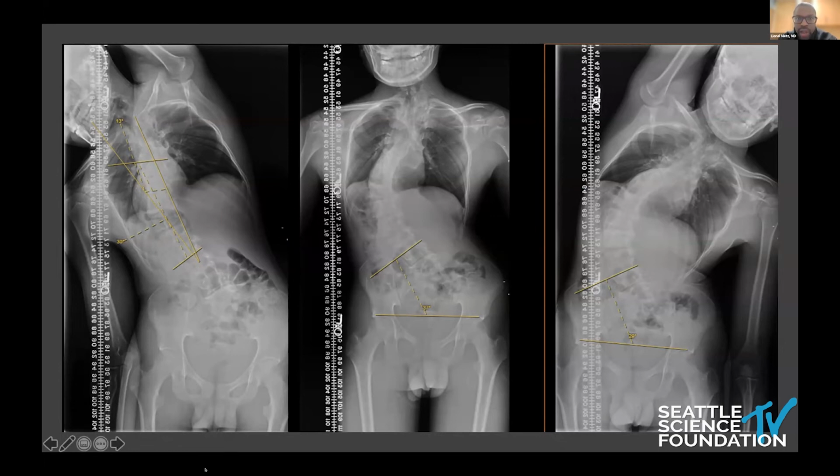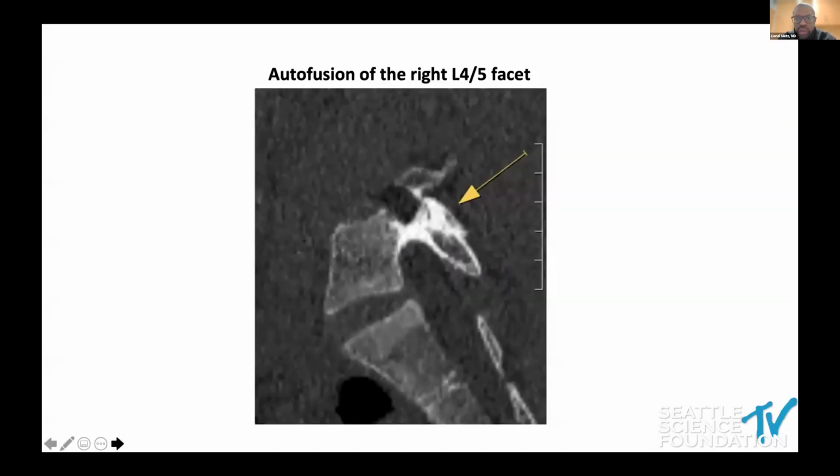Above that, the upper thoracic spine is all kind of a congenital jumble. You can see the rib anomalies and whatnot, and then he has congenital fusions throughout his cervical spine as well. So one consideration, in terms of which curve to address and how long of a fusion to perform, was that we wanted to leave him with some mobile segments in his spine. And so that was kind of what Dr. Bourbon said about going short. I think Dr. Skaggs said that as well, and it was my idea as well.